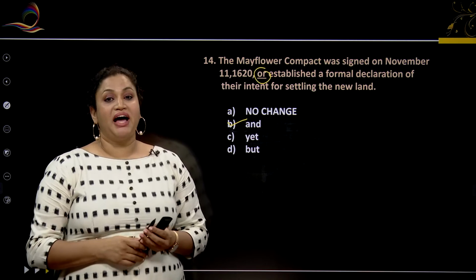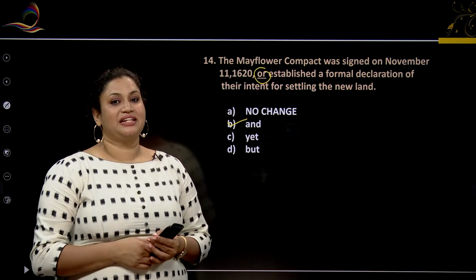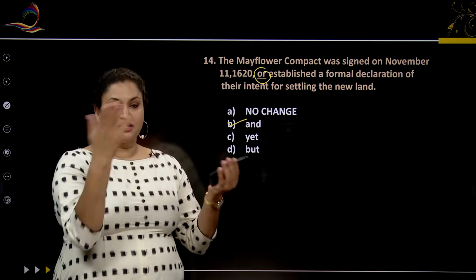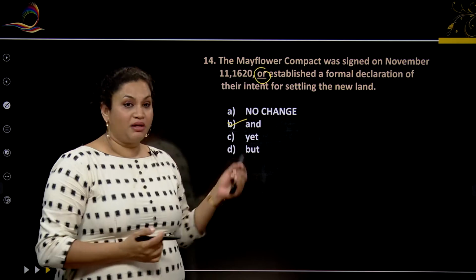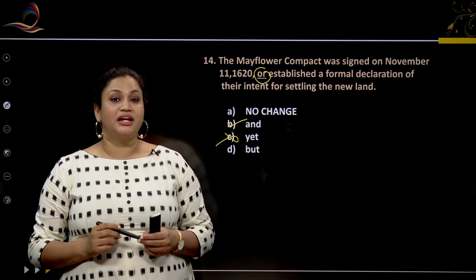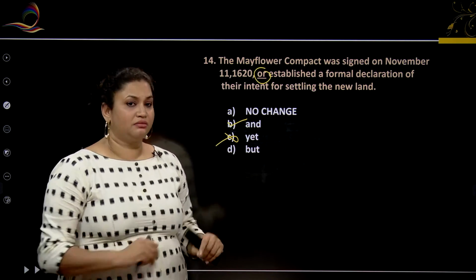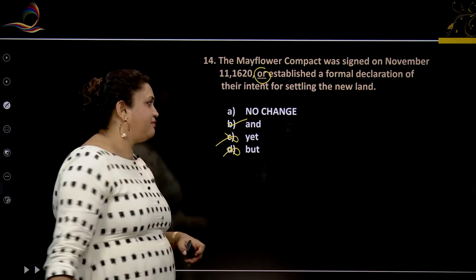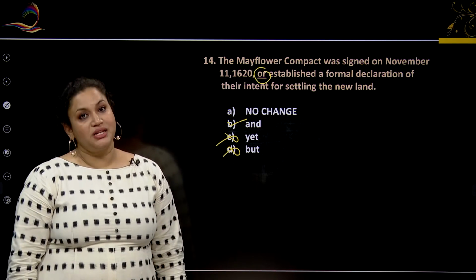The Mayflower Compact was signed on November 11, 1620, yet established, no. If it was done on a later date, probably yet could have been the right answer, but otherwise, no. But established a formal declaration. But the compact was already signed. What's the point of but there? And only goes well. And we go with answer B, option B. Let's go to the next one.